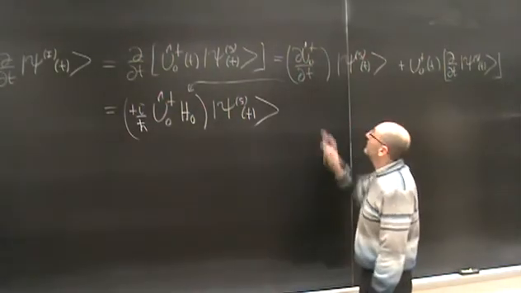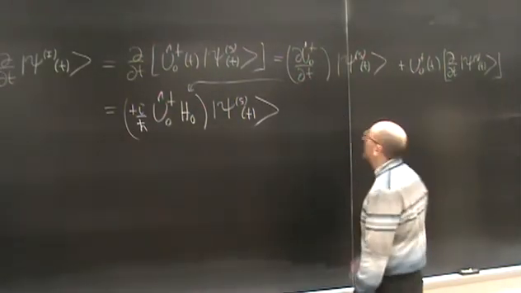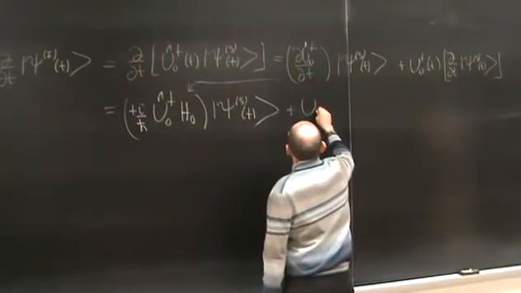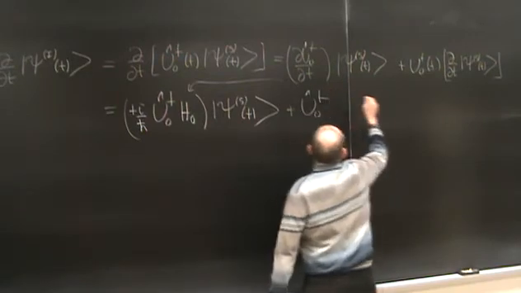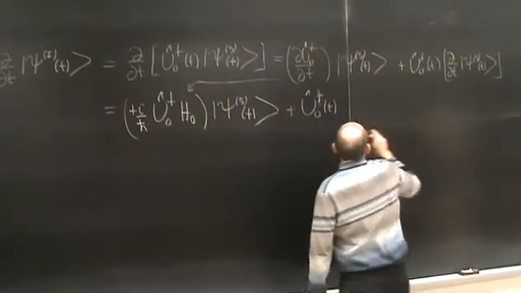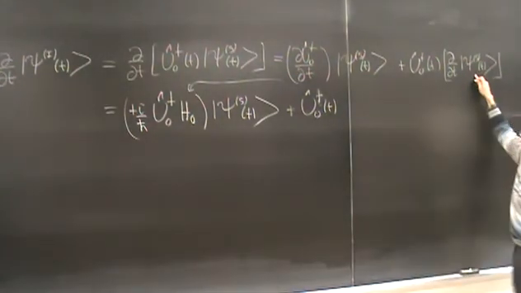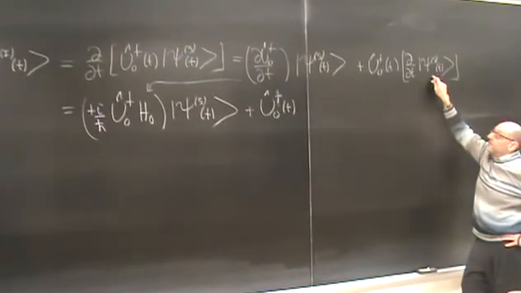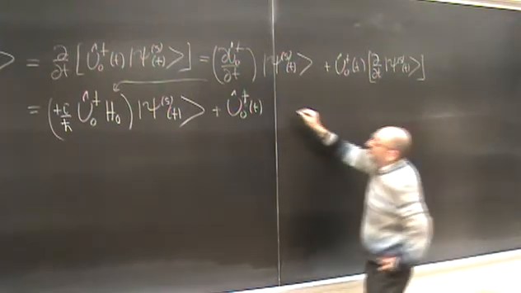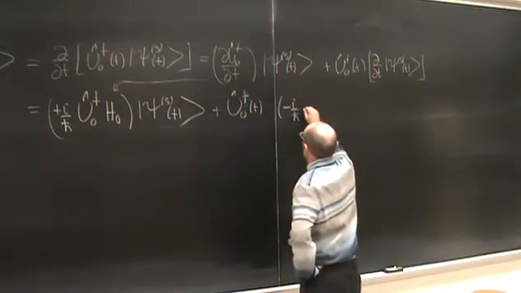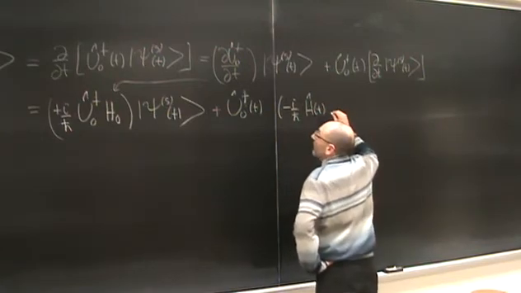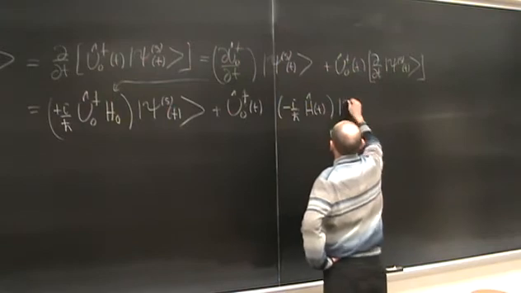And then we have this term, which is plus U0 dagger of t. And what is the time derivative of the Schrödinger picture state? Well, that's the full Hamiltonian, so this is minus i over h bar, full H of t acting on the Schrödinger picture state.